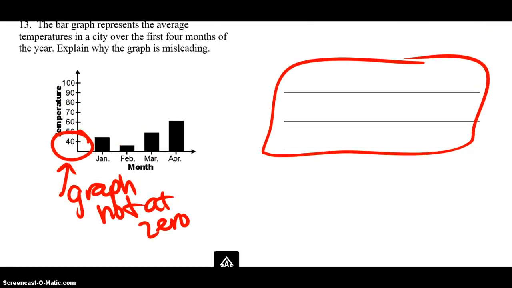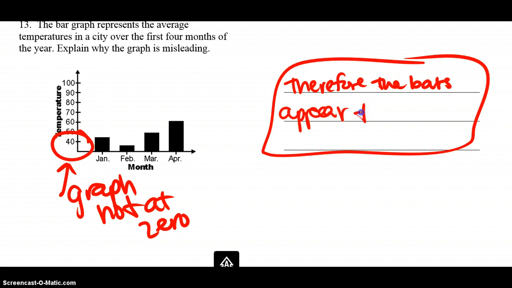Oh, is that it? That is the last question. So say something along the lines of the graph doesn't start at 0, therefore the bars appear to be smaller. And that's why it is misleading.